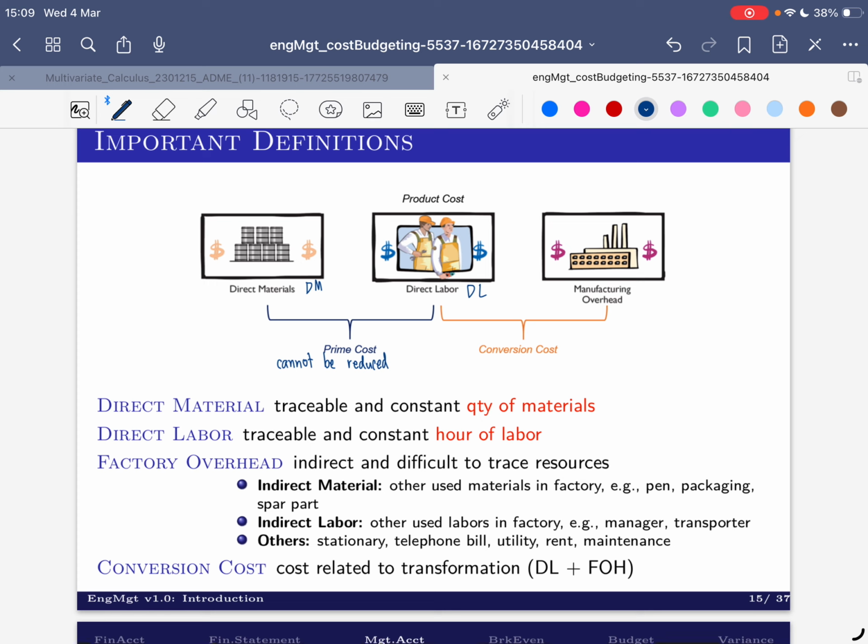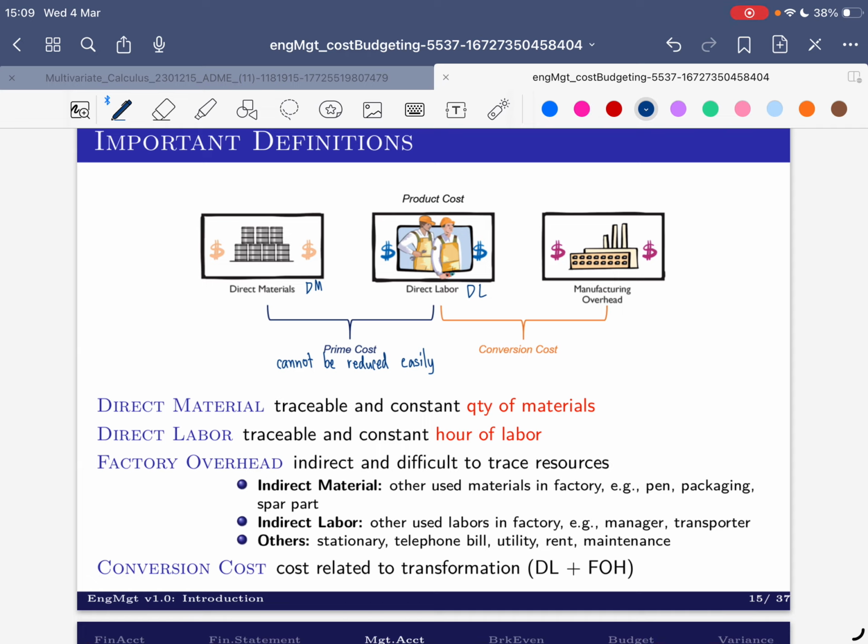And since your process is also defined in advance, the labor involved depends on your machine. These two costs usually cannot be easily reduced. That's why we call it prime cost. The only thing that we can influence is manufacturing overhead.